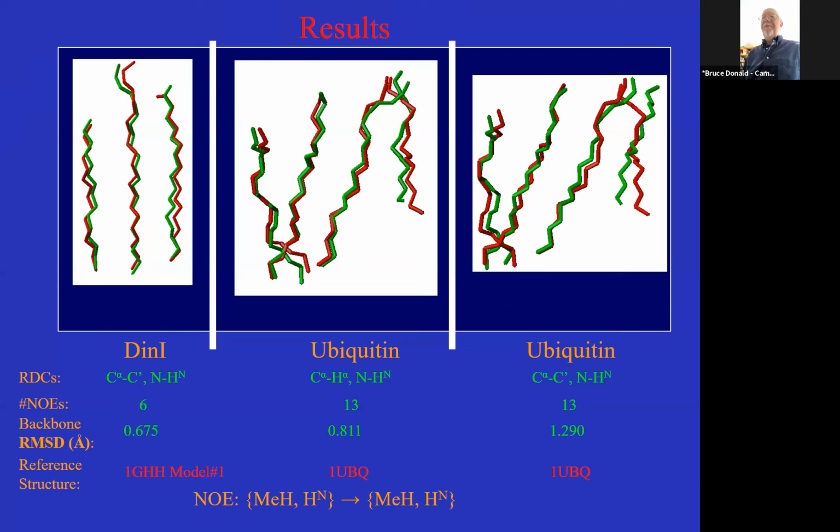So here are 3 proteins, ubiquitin, with 2 different kinds of data, right? This is kind of interesting in some sense. And here's Dini over here. So this is an interesting setup in some ways.